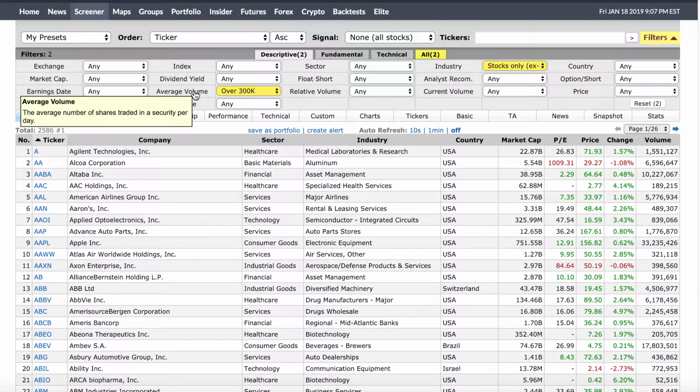That's an average volume, the average number of shares traded in one particular day. Generally, a stock trading under 300,000 in volume is a pretty thinly traded name, so you don't want to get involved in those names. Generally 300,000 shares is a really good place to be.